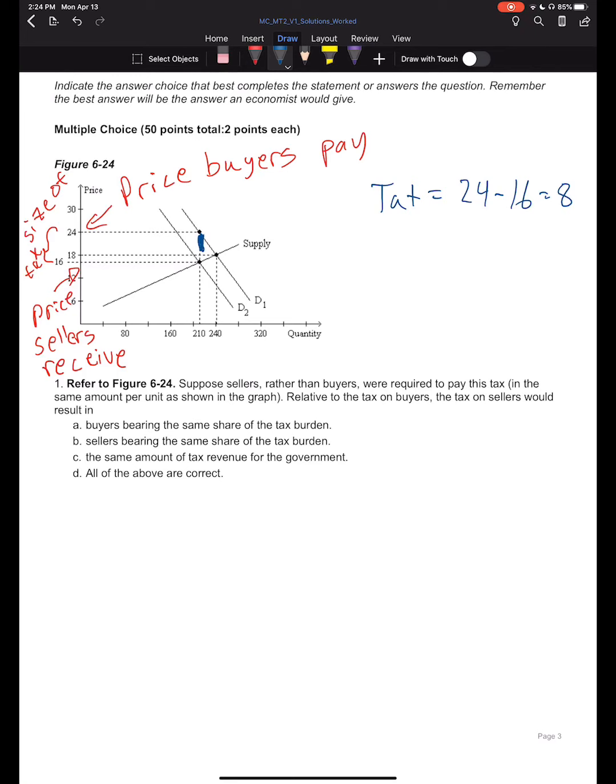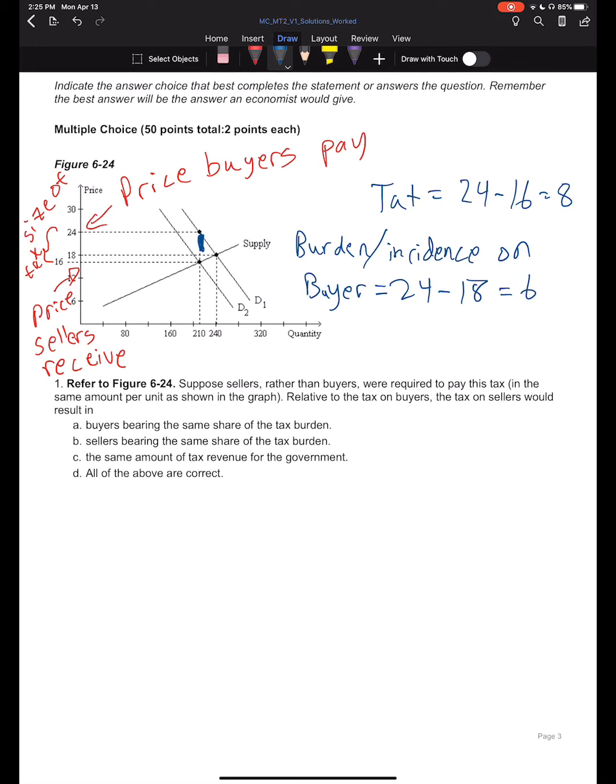The tax burden on the buyers is going to be this distance, the distance between 24 and 18. So burden or incidence on the buyer is equal to 24 minus 18, which is equal to 6.